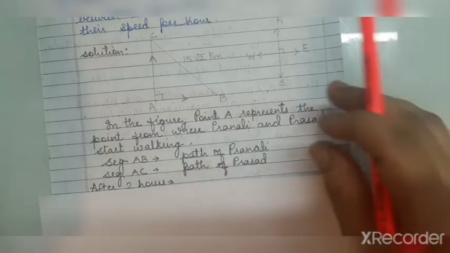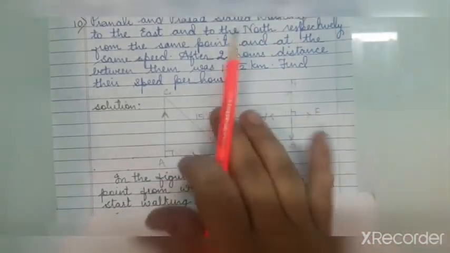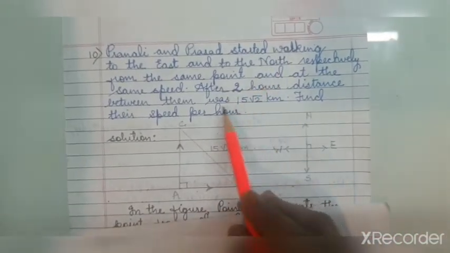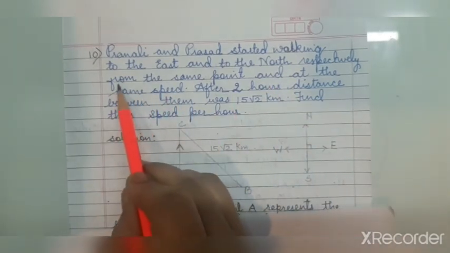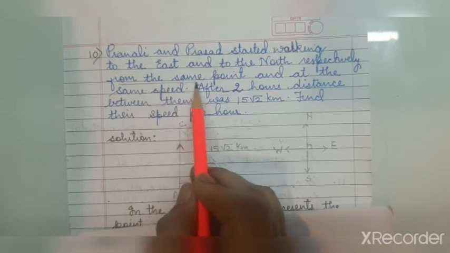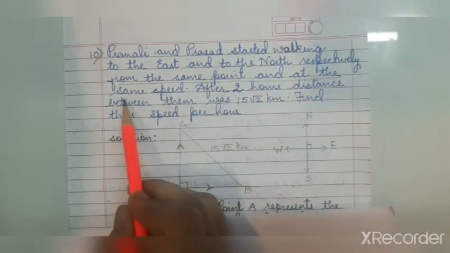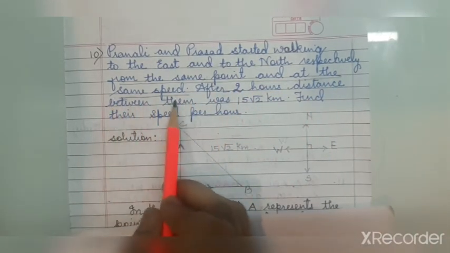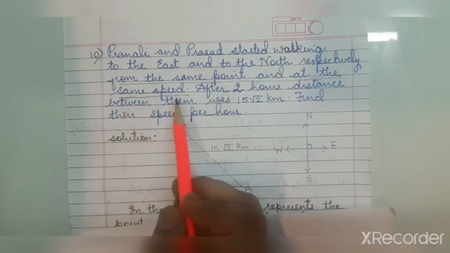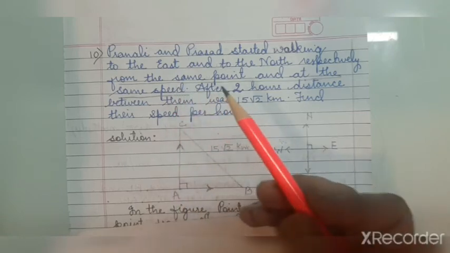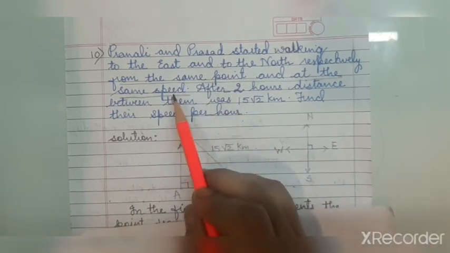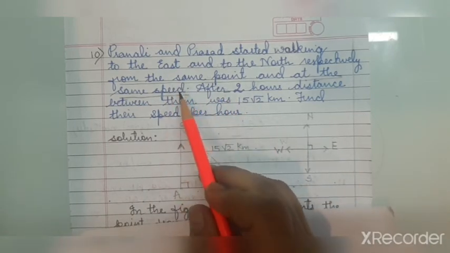Okay, then they have mentioned something which is very important and you have to keep this in mind. After 2 hours, before that, they are walking from the same point and at the same speed. This is important, that they are walking at the same speed. So wherever they reach, they are going to reach at the same distance because the speed is the same.